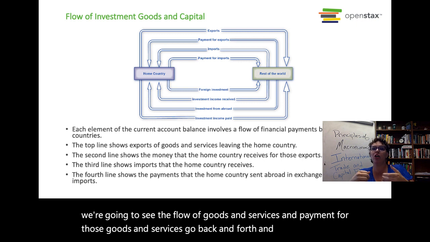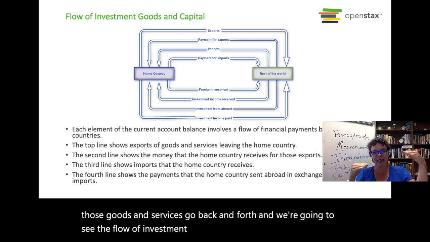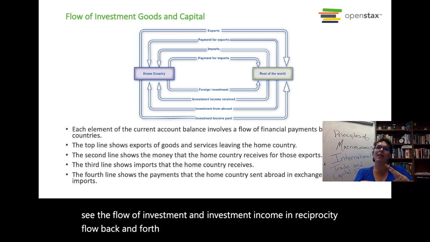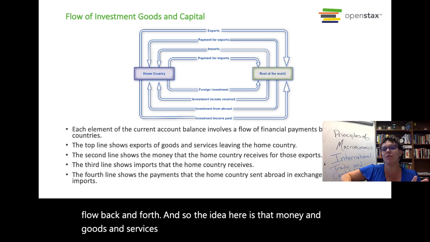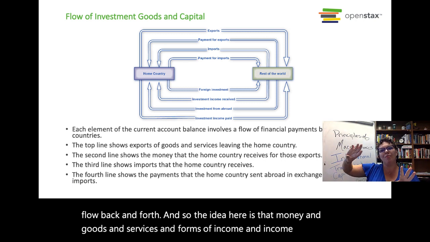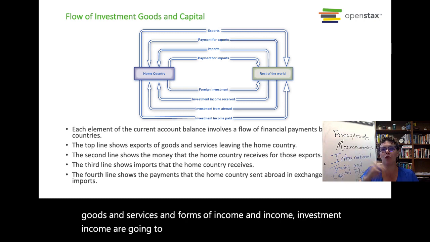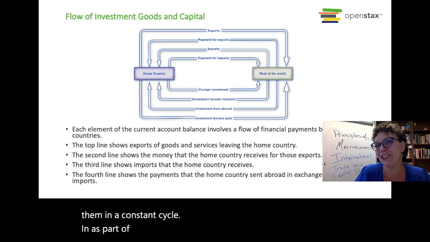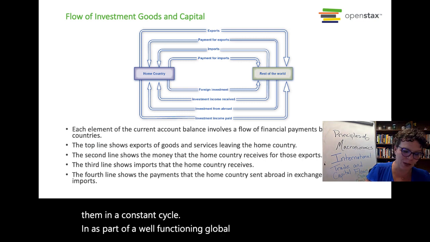And we're going to see the flow of investment and investment income in reciprocity flow back and forth. And so the idea here is that money and goods and services and forms of income and investment income are going to continue to flow back and forth between them in a constant cycle as part of a well-functioning global economy. Okay?